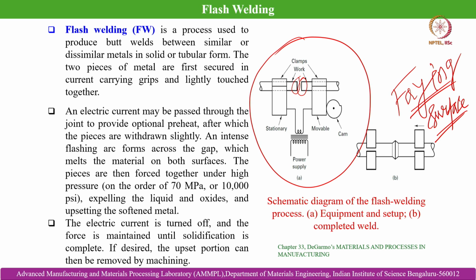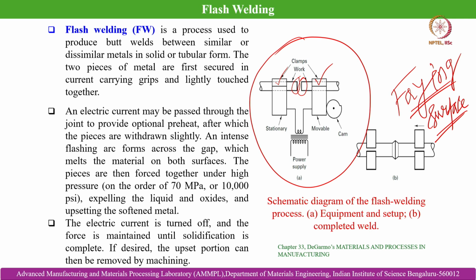You can see the clamping arrangement over here for both the candidate workpieces subjected to joint formation. High pressure, in the order of 70 MPa, is applied to both the workpieces, and that expels the liquid and oxides that form at the faying surfaces and upsets them, and because of that pressure plastic deformation takes place.